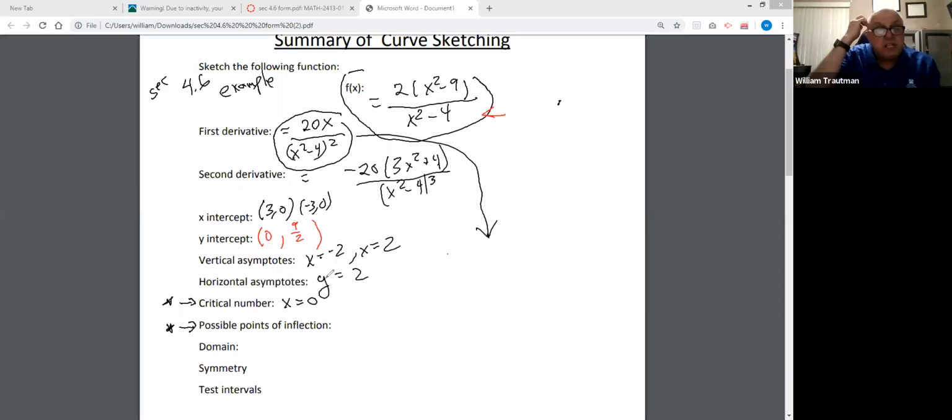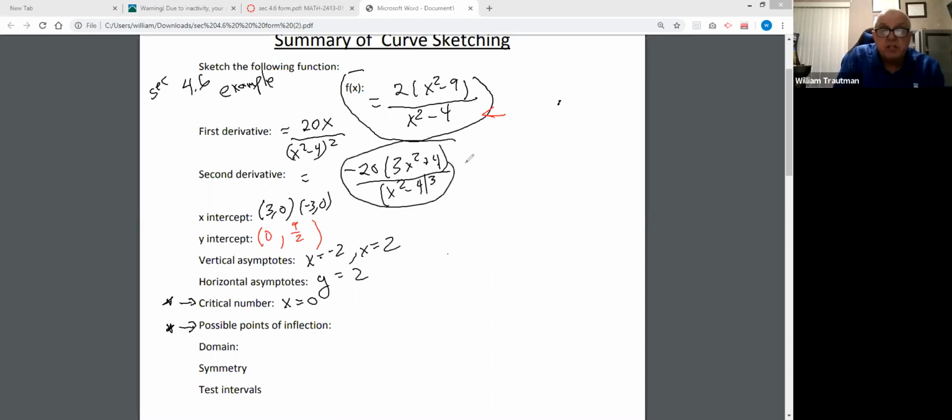Now we want to find the inflection point where the second derivative equals 0. Here's the second derivative: negative 23x squared plus 4 over x squared minus 4 to the third equals 0. If I multiply both sides by the bottom, it goes away.